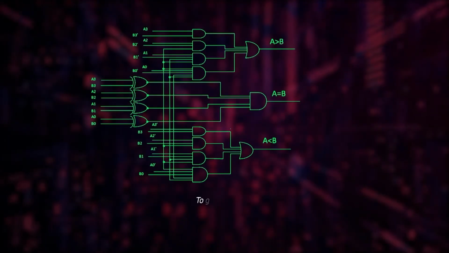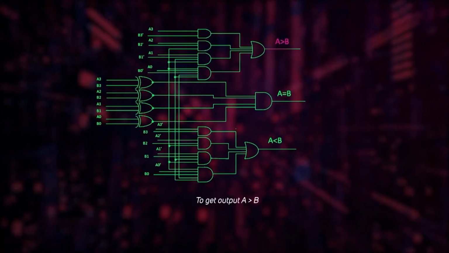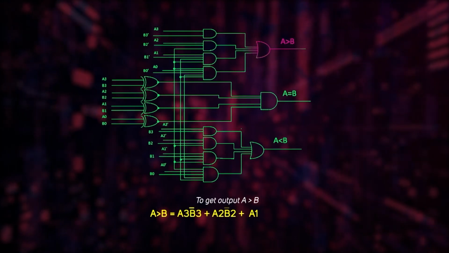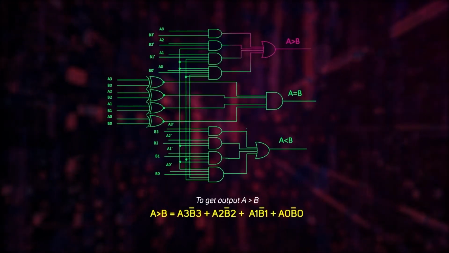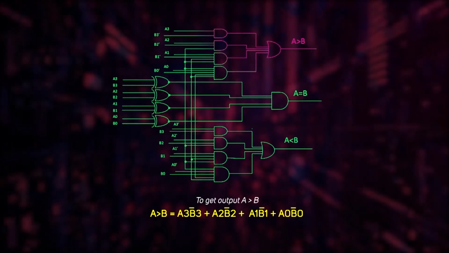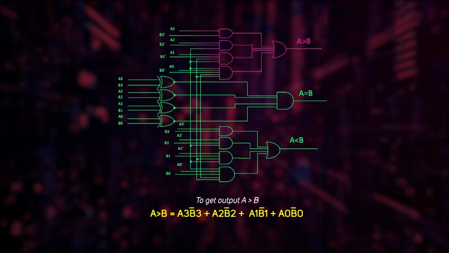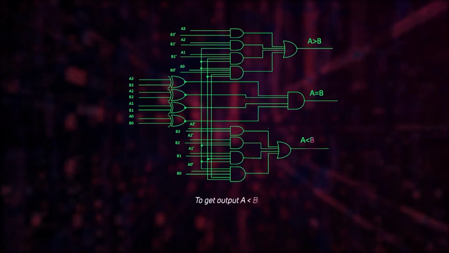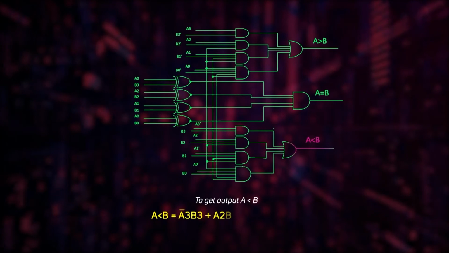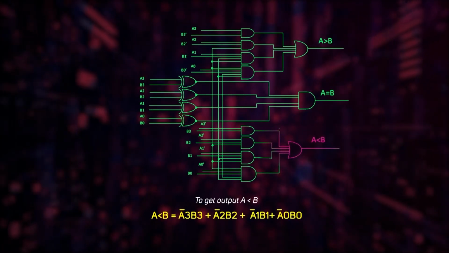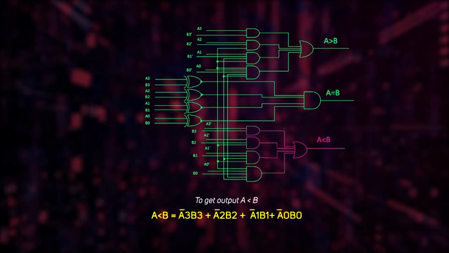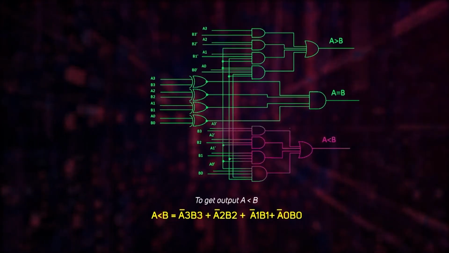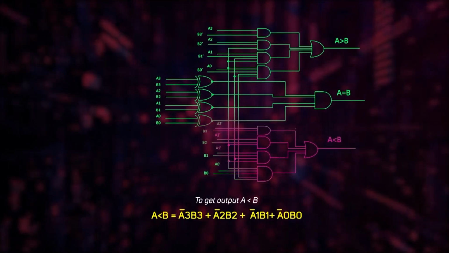Now, let us draw the logic diagram of 4-bit comparator. To get output A greater than B, perform operation A3 B3 complement or A2 B2 complement or A1 B1 complement or A0 B0 complement. To get output A less than B, perform the operation A3 complement B3 or A2 complement B2 or A1 complement B1 or A0 complement B0.